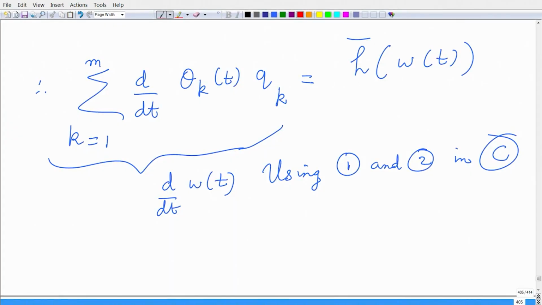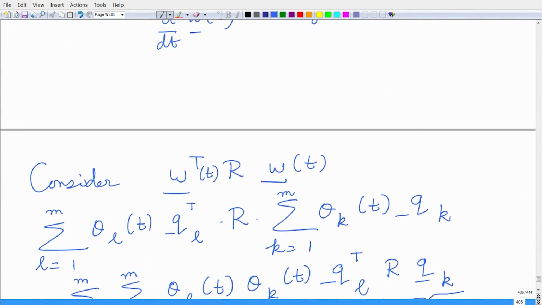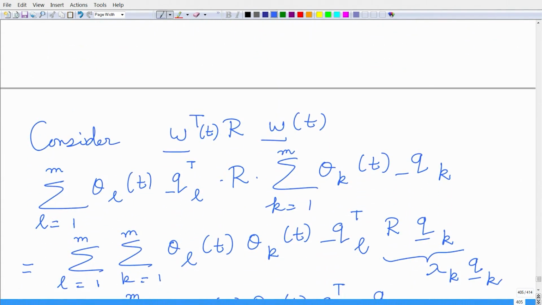So the left hand side of this equation, dw of t by dt, is basically summation k equals 1 to m d by dt of theta k of t times this vector qk. Now I have to expand my h bar of w, and it requires two terms.